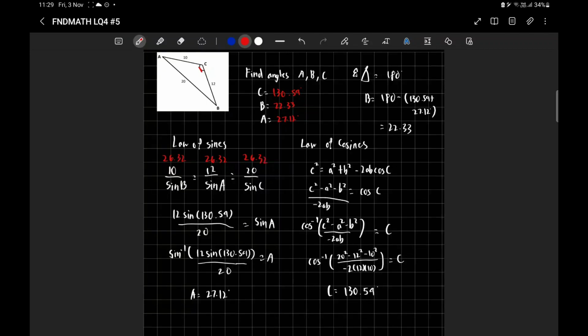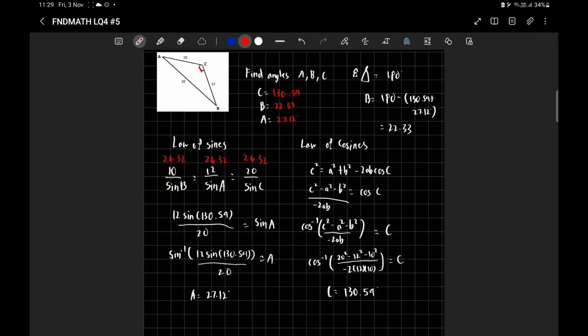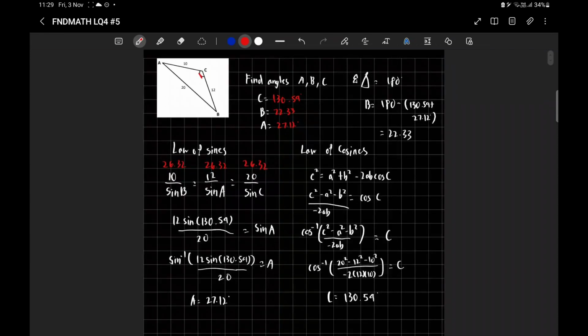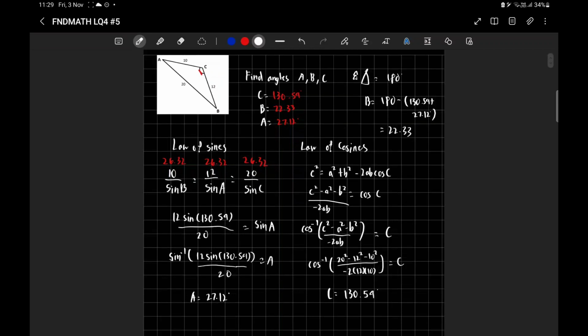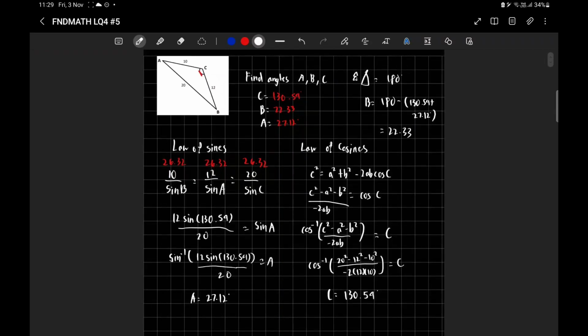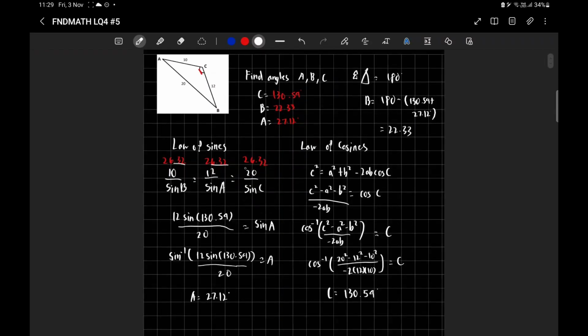That proves our angles are correct. If you want to double check whether you've got the right answer, you can compare the ratios of the sides and the angles.